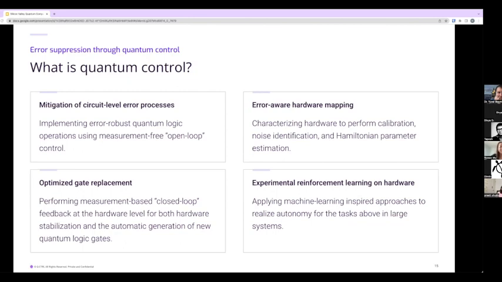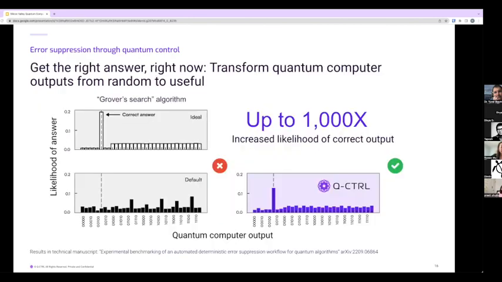So in practice, we see quite significant results from applying quantum control to the hardware systems that are generally available today. In fact, looking at the same Grover search algorithm that was previously shown in the early slides in this deck, we're able to take the completely incoherent results that we came across on the default system and make them into something useful.